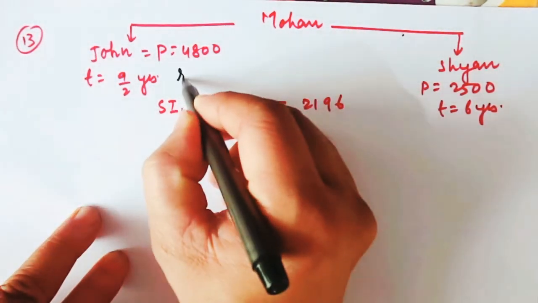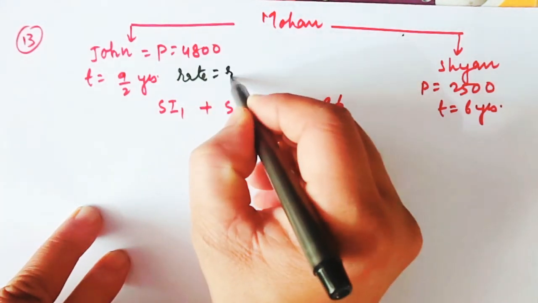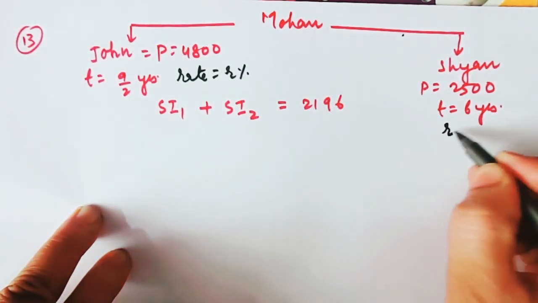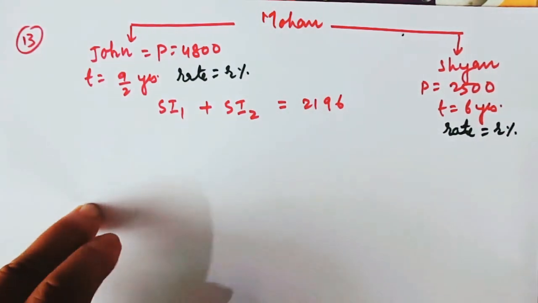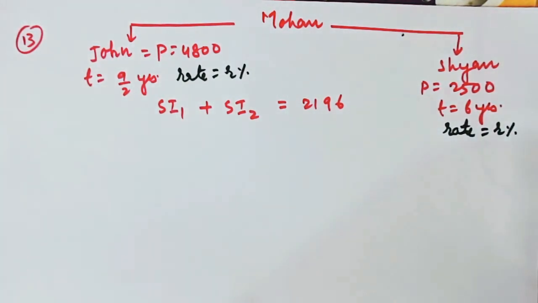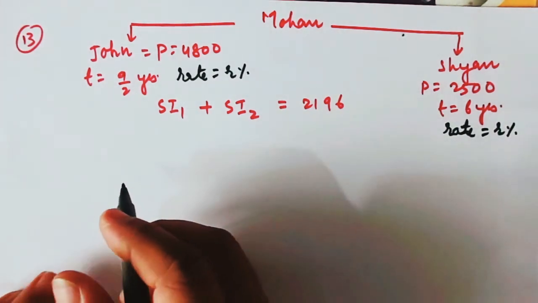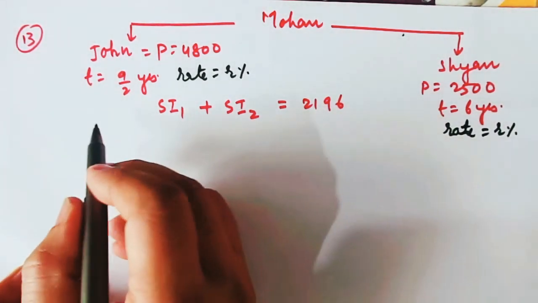So let the rate be R percent. Here also the rate is R percent, because they have said that in both cases the rate is the same. So what we shall have to do? We shall have to find the values of each of them separately.